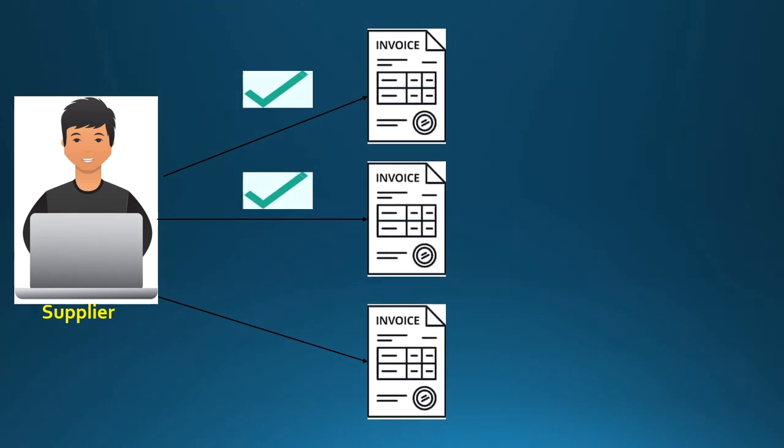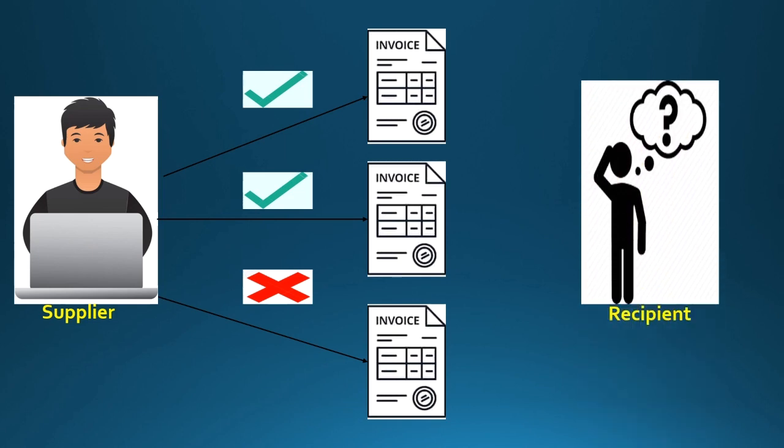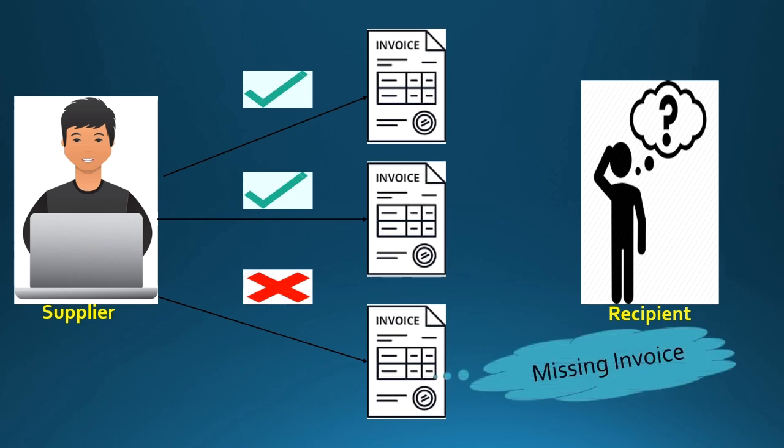However, there may be circumstances where invoices or debit notes are not uploaded by the supplier. So here the question is whether the recipient can still avail the credit on such invoices or debit notes. At this point, the concept of missing invoice comes into play. The recipient can still avail credit of invoices or debit notes which are not uploaded by the supplier, and such invoices or debit notes under this new system are called missing invoices.